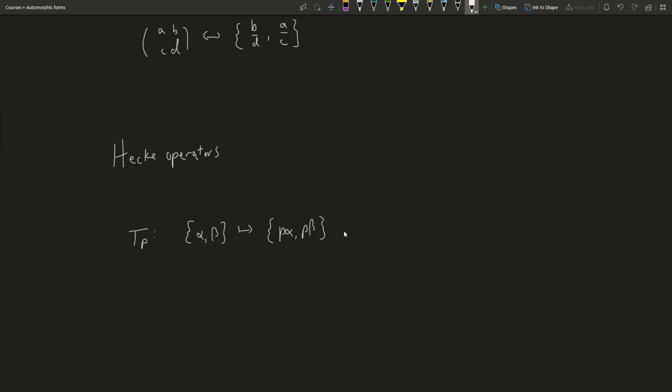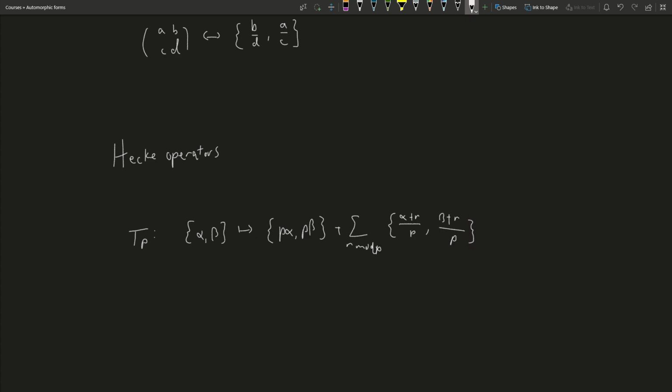So here p is prime, and then plus some sum over r mod p of alpha plus r over p, beta plus r over p.